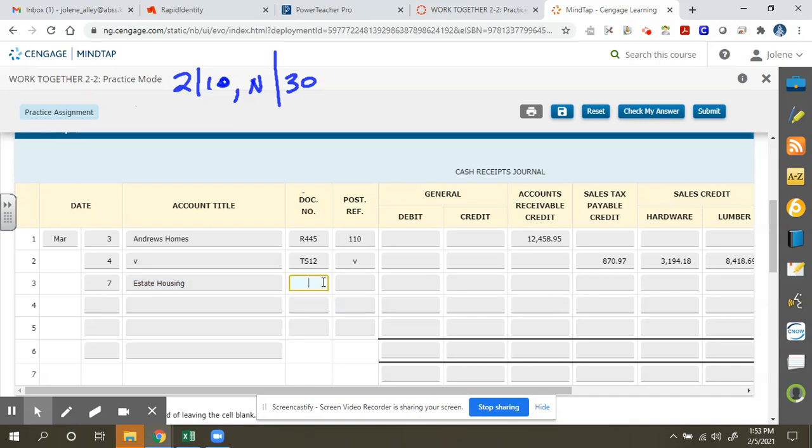We gave them a receipt of 446. The lumber sale was for $9,248.17.